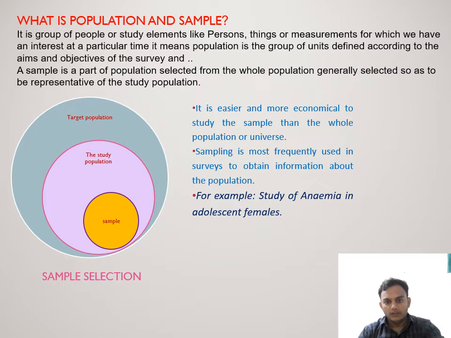Here our targeted population is adolescent females and the study population is anemic females. So we choose some units from this study population, and that group of females we call a sample. So this is the basic criteria of sampling technique.